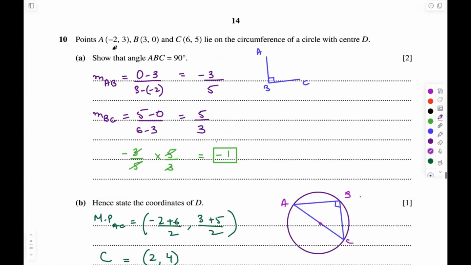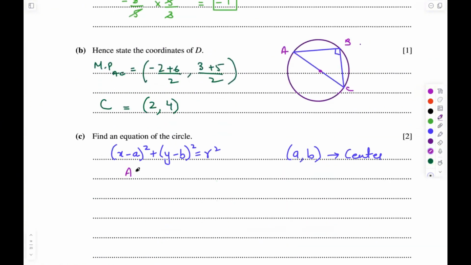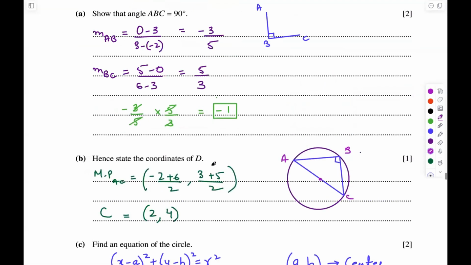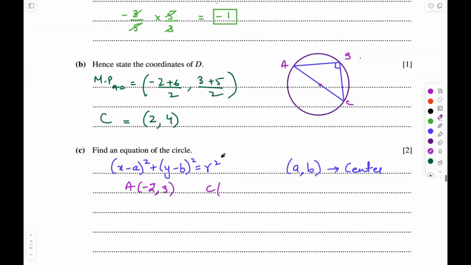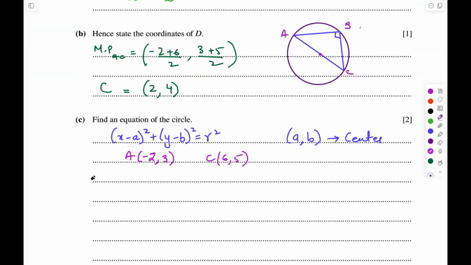So the point A is (-2, 3), and the point C was given as (6, 5). So finding the distance of AC, we'll apply the formula: (x2 minus x1) whole squared plus (y2 minus y1) whole squared. So that will become (6 minus -2) whole squared plus (5 minus 3) whole squared.